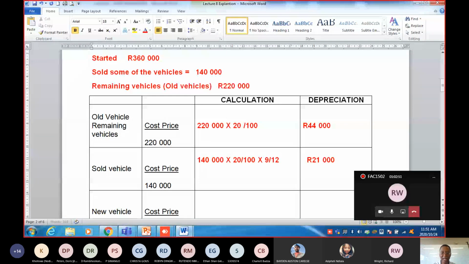The 140,000 must be depreciated for 9 months only because we had it only for 9 months. But the 220,000 we had for the entire year, and it must be depreciated for 12 months because we had that for the entire financial year.